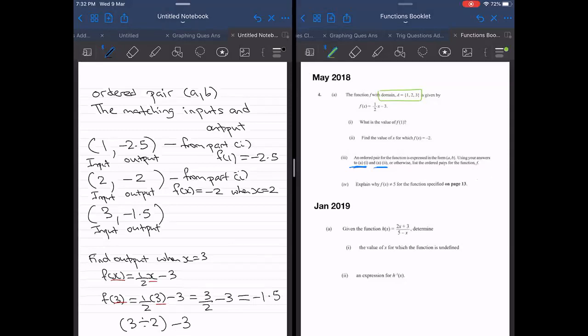Then from the second part, when f of x was minus 2, we found that x was 2. So when x is 2, the output is minus 2. And then the third part we would have had to work from scratch. Okay, so I'll look for any questions and then we're going to move to part 4.